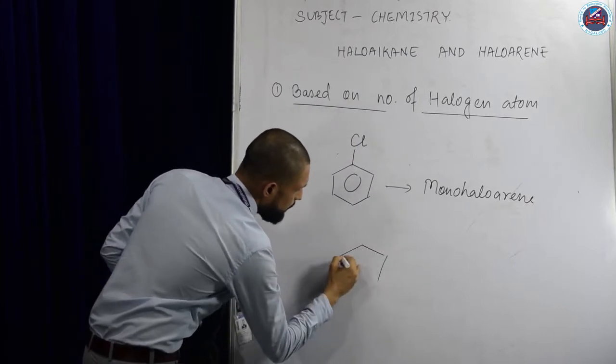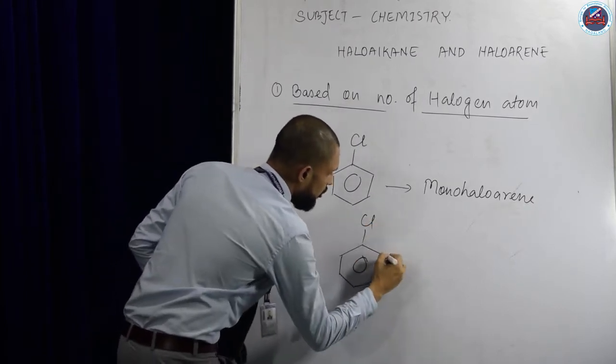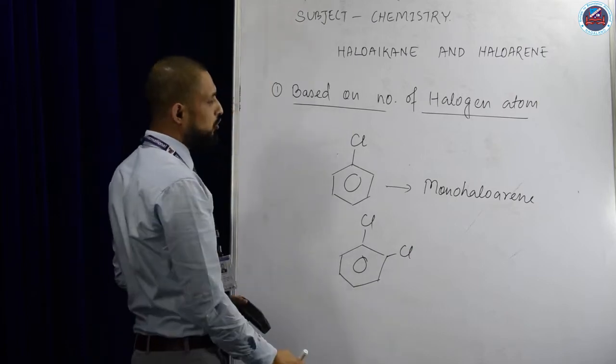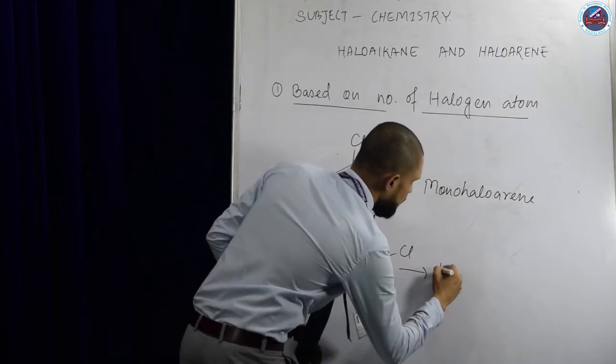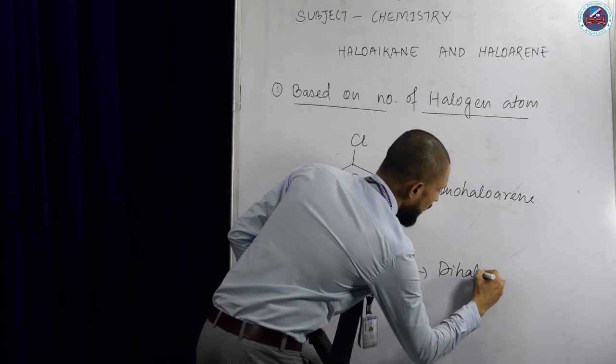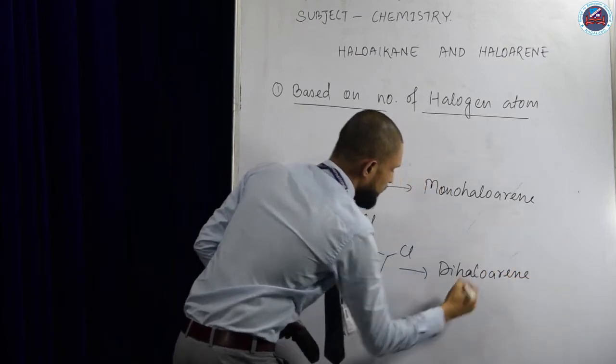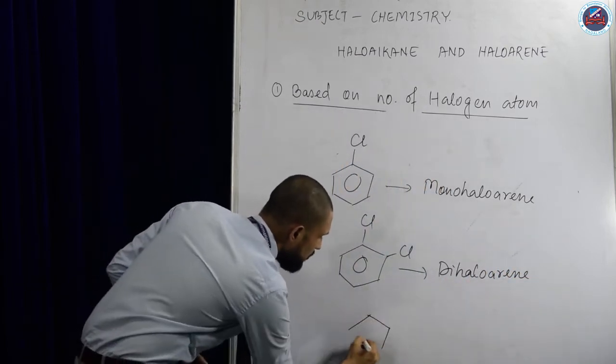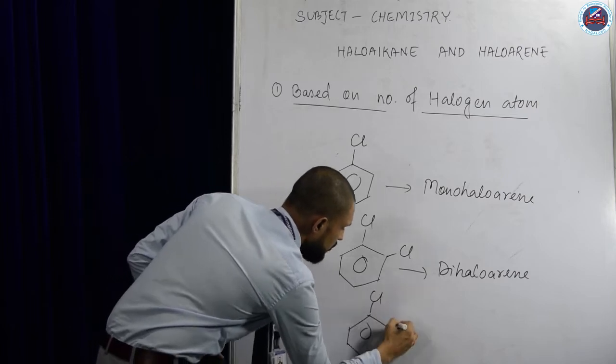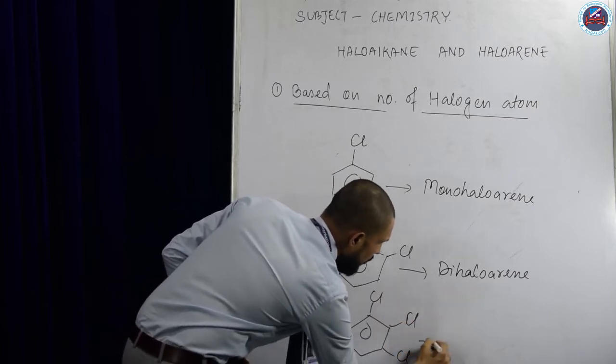If you have two halogen atoms attached to the benzene ring, it is known as dihaloarene. And if there are three halogen atoms, it is known as trihaloarene.